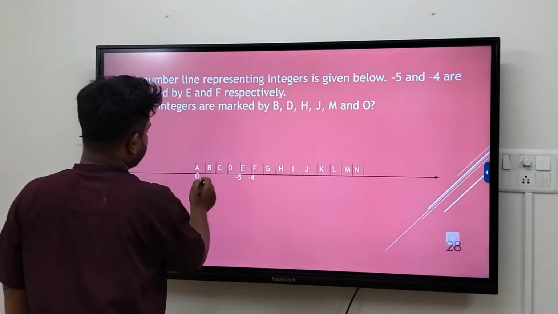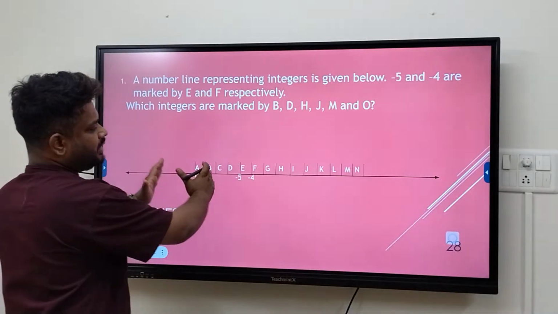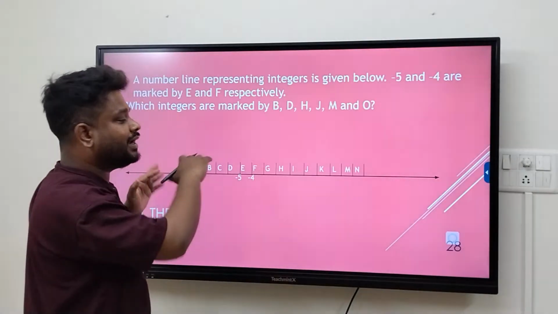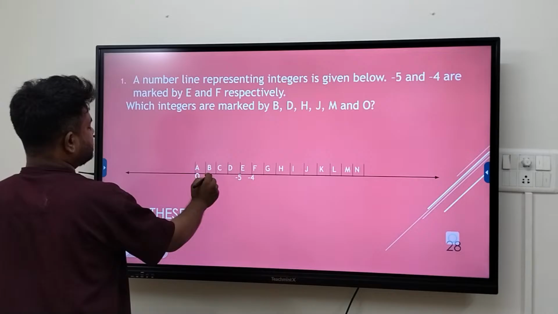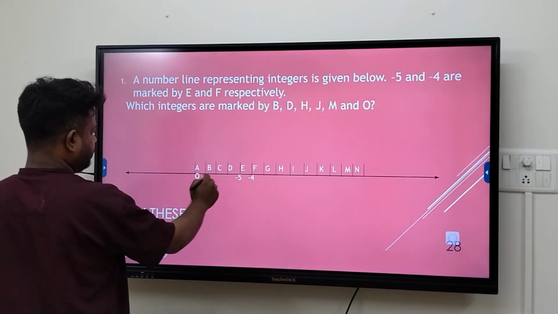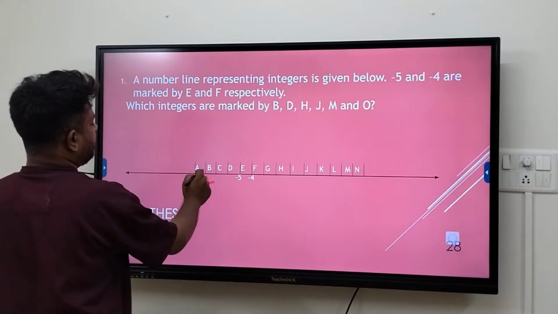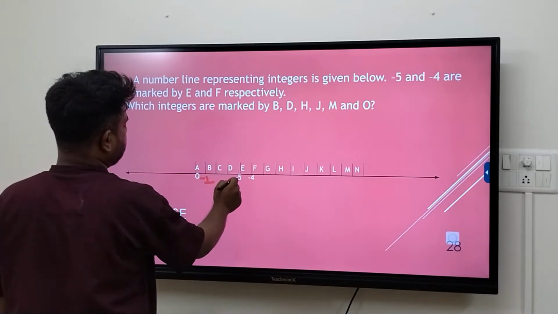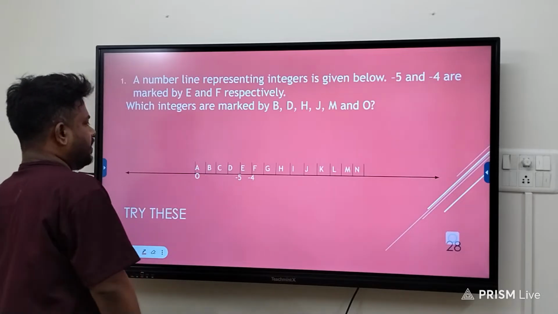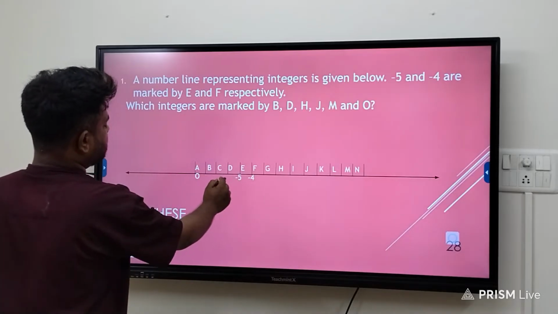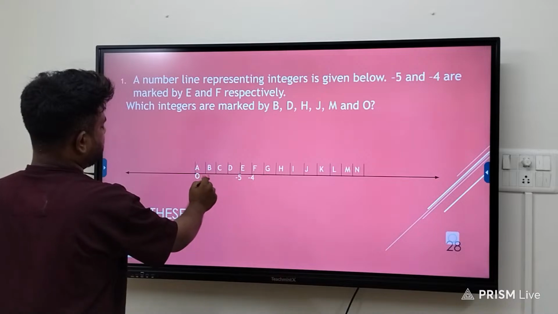They have just flipped the number line. So this one will be like -4, -5, -6, -7, -8.